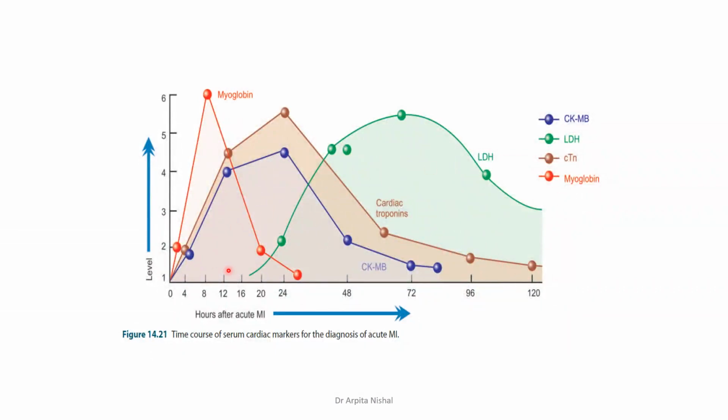And this is the LDH. So this is how the pattern of rise and fall of cardiac markers looks, which is important for diagnosis of acute coronary syndrome or acute myocardial infarction.